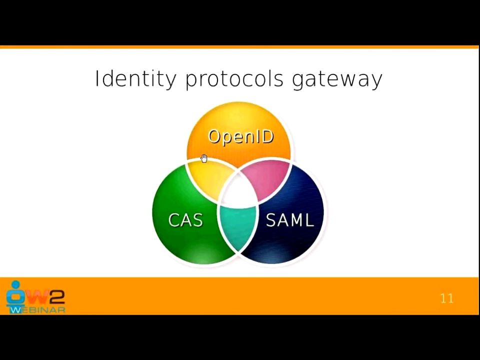LemonLDAP is a single sign-on software, but we do not implement our own protocol. We are just implementing standard protocols. So you can see here that the main protocols implemented in LemonLDAP are OpenID, CAS, and SAML. There are 3 very different protocols, but they are used in many applications. The simplest protocol is CAS, which is a simple token exchanged through HTTP redirections.